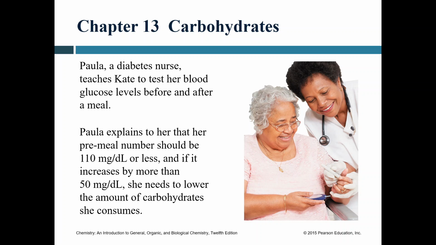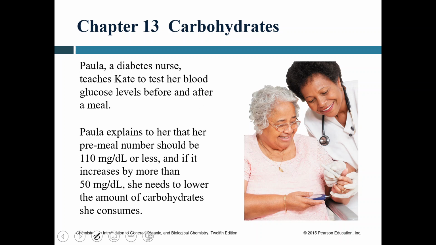In this lecture, we will talk about carbohydrates. Carbohydrates are an essential part of the human diet, and excess carbohydrates can contribute to the development of diseases such as diabetes.